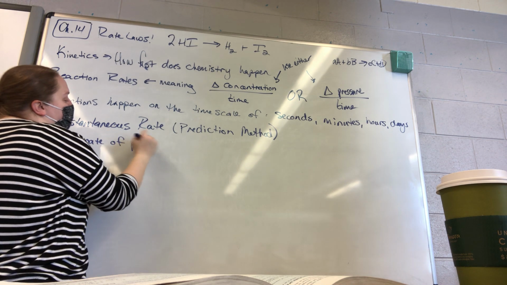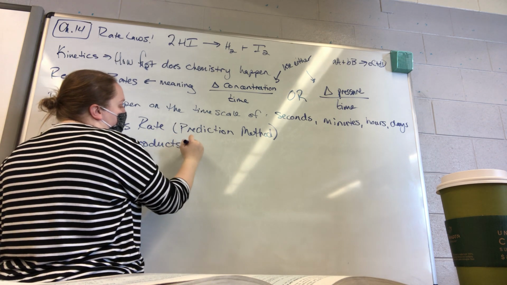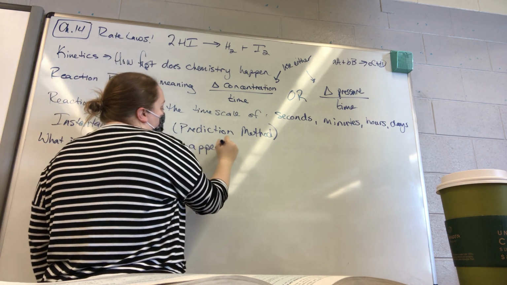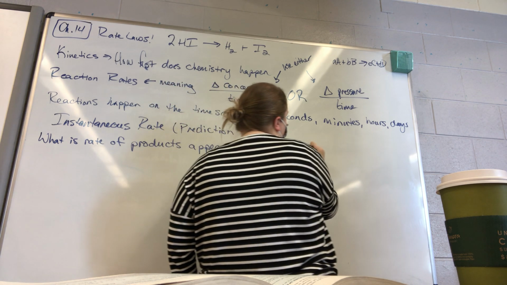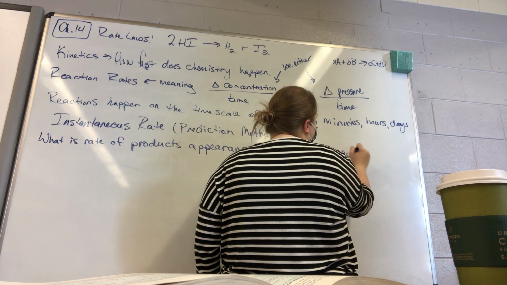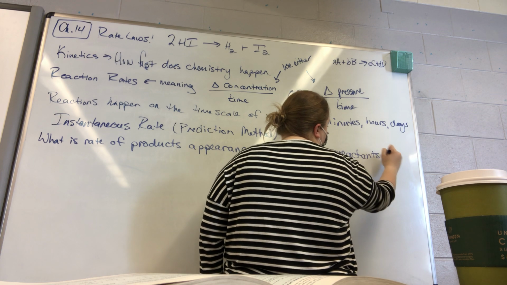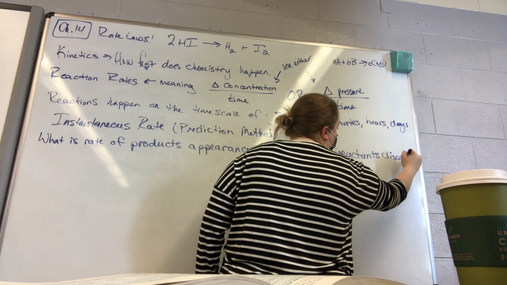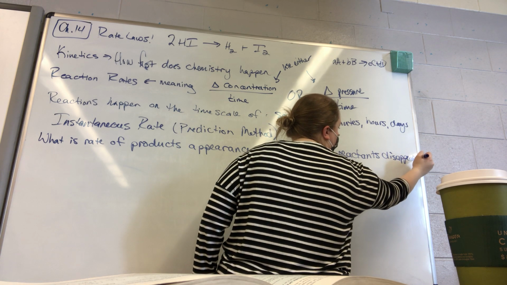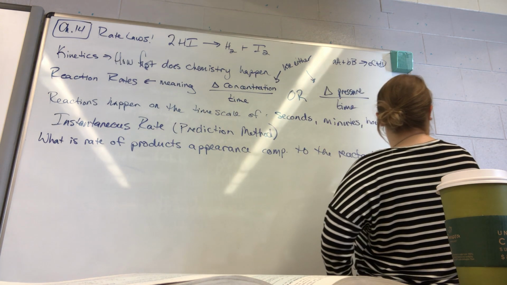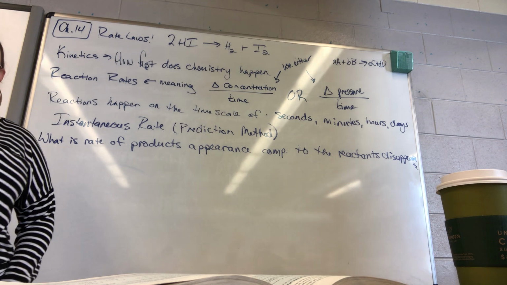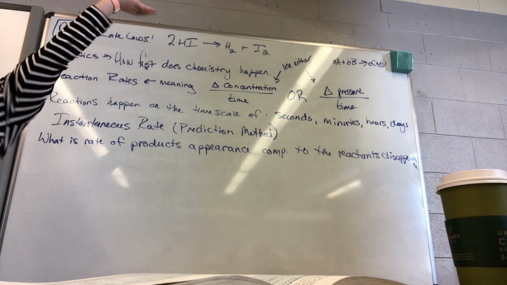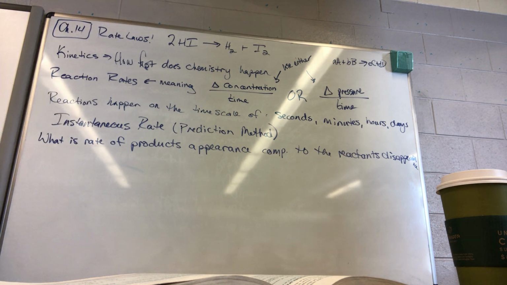A lot of times we also said, what is the rate of the product's appearance compared to the reactant's disappearance? Please remember, basic chemistry says that reactants get consumed to form products, which means that the reactants should be disappearing and the products should be appearing.